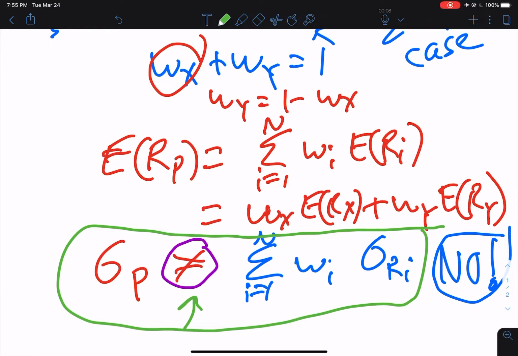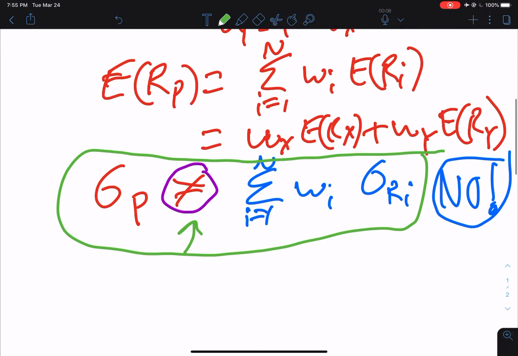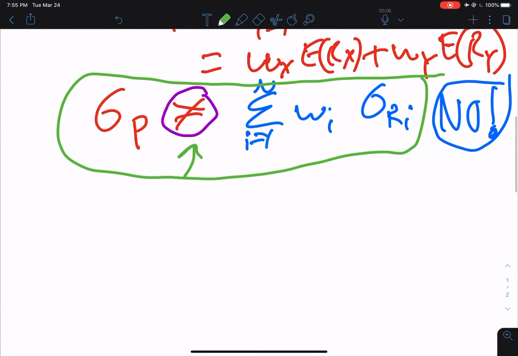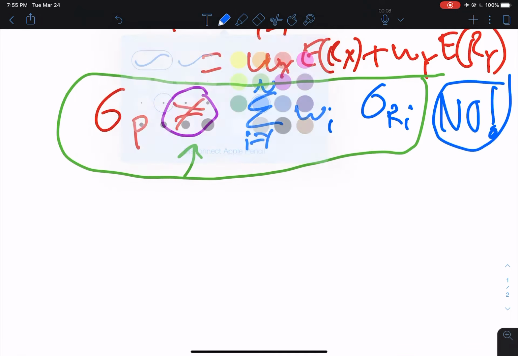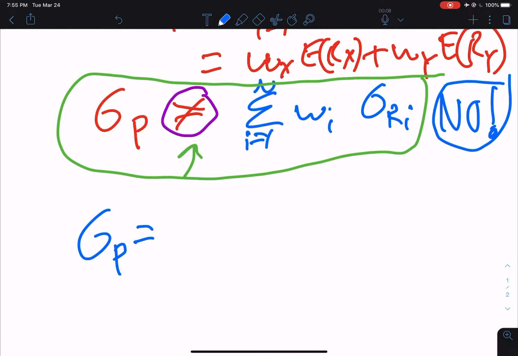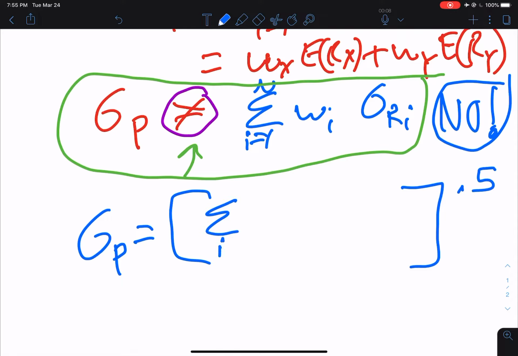Now, what does it equal? Well, we're going to learn what it equals as we go through this, but I might as well tell you right now. What the standard deviation of the portfolio's return does equal is the square root of summing over i, summing over j, the weight in i, times the weight in j, times the covariance of the returns of i and j.